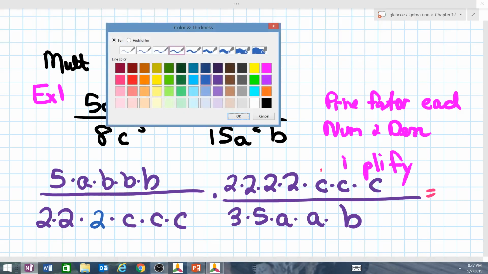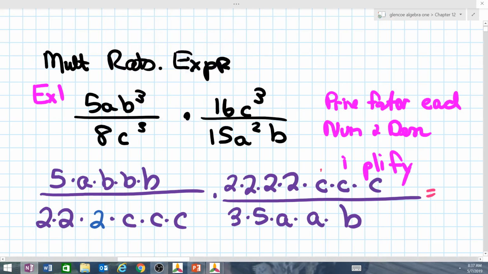So let's see what they have in common. Let me just make a comment. Everybody look and listen. You can cancel diagonally and up and down. You can't cancel a numerator with a numerator or a denominator with a denominator, but you can cancel up and down. It would be like if you were reducing 4 over 8.